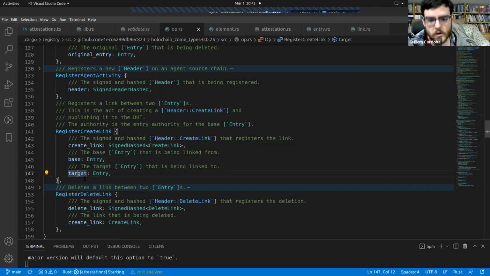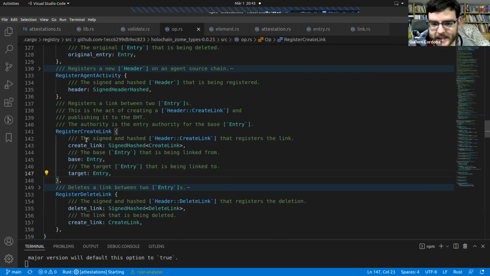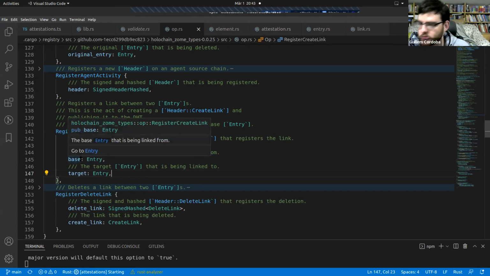If I have to validate that the base is of a certain type and the target is of a certain type, it's much better to do it here because it's quicker, rather than on StoreElement, where you have to do a bunch of matching and things like that. So as a rule of thumb, if you do your validation in the place where you have more data for your validation, that's good enough.